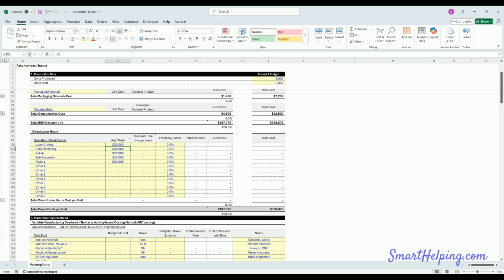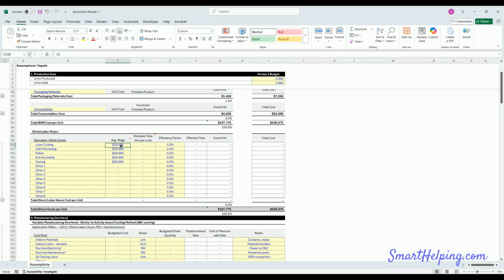So if there's overtime, you want to do a weighted average of how many hours you worked at regular versus how many hours you worked overtime, and weight the overtime rate and the regular rate based on the number of hours. I did the math here for you so you could see how to calculate that.